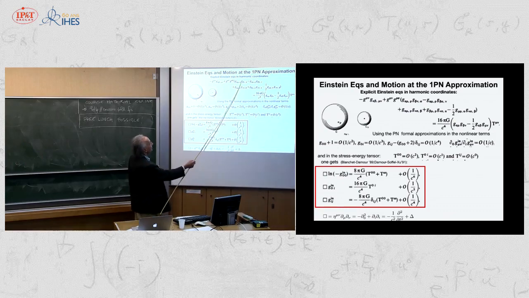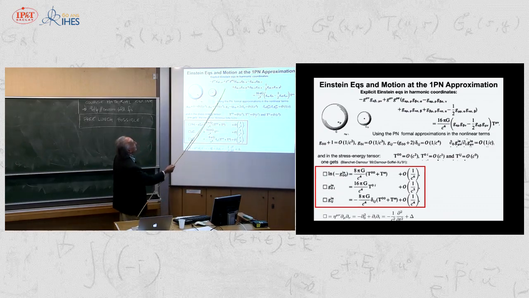How? You start from these equations, and then you realize that the source of this equation will be the stress energy tensor, and the stress energy tensor is linked to the fact that you have bodies moving. Like if you put a perfect fluid, you have the four velocity of the fluid, you have the pressure, but you realize that the four velocity is a slow velocity compared to the speed of light.